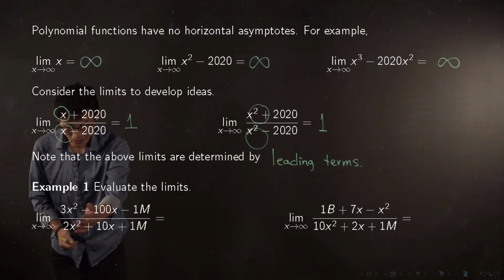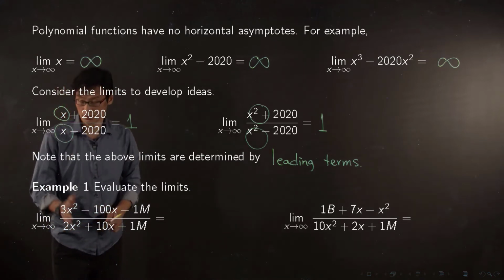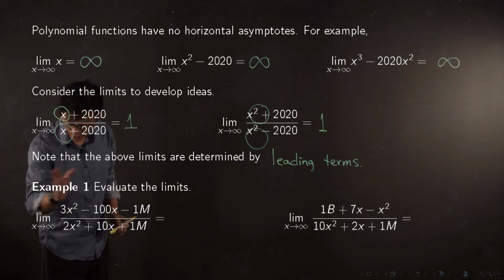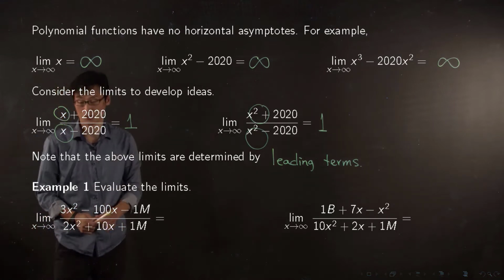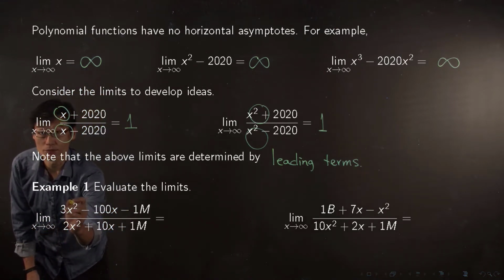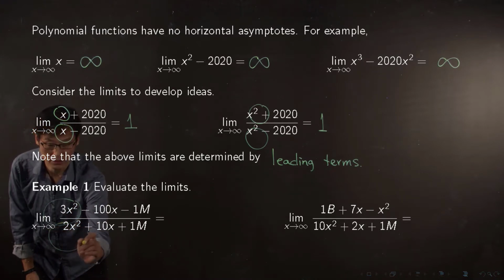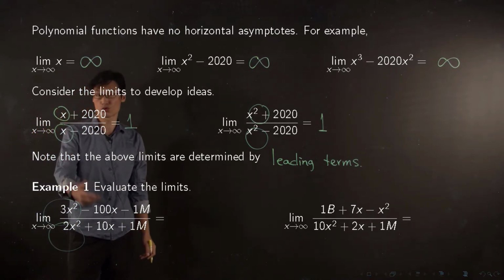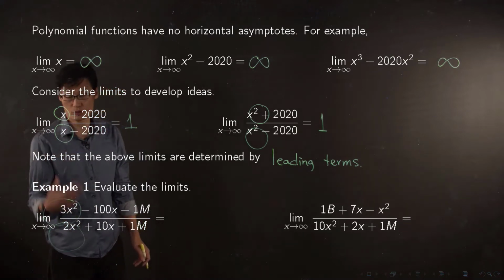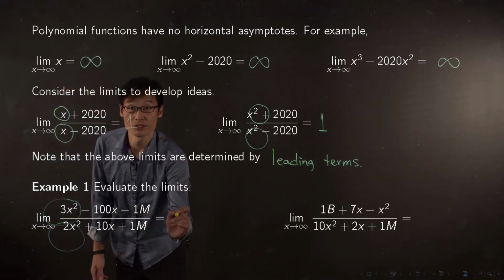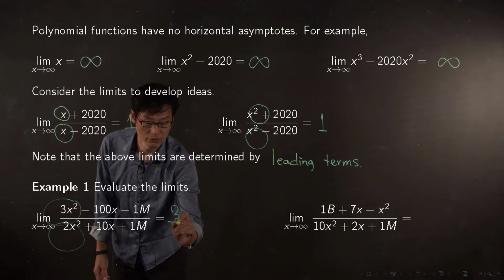So actually, the remaining terms are negligible. The behavior of this function is determined by leading terms, this leading term and this leading term. So you compare those two terms, 3x squared over 2x squared, and the limit is simply 3 over 2.